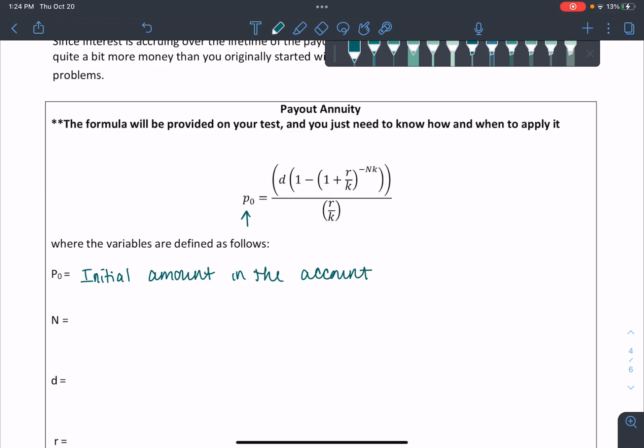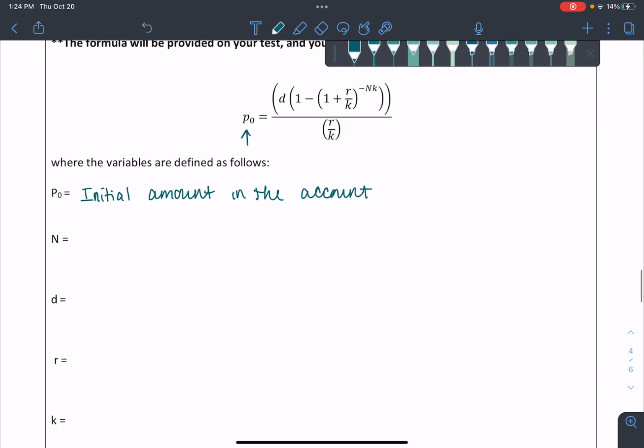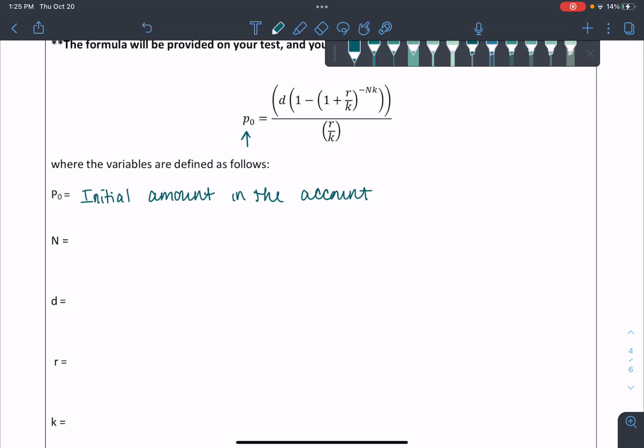So on the day that you retire, that's what's in there, okay? And from that, we are going to take money out. The number of years that the money still sits in there is still going to be n, the number of years invested. So there's an n in there, and it still means the same thing.